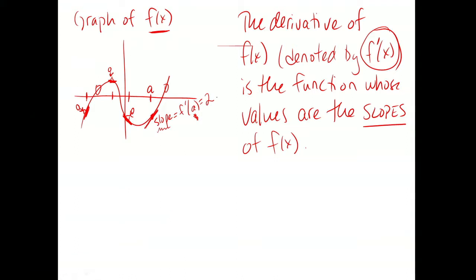So if I say that the derivative, when you plug in x equals a, is 2, which I just made up, that means that in the original graph, which I'm looking at right now, the slope of the graph at x equals a, this point right here, must be 2. So the derivative is going to tell us the slopes of the graph of f of x at any point that you might be interested in.